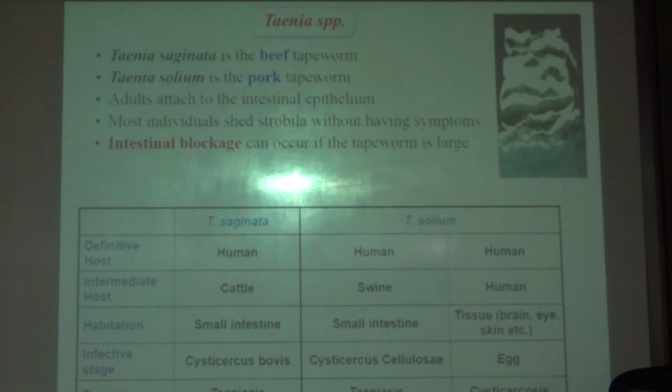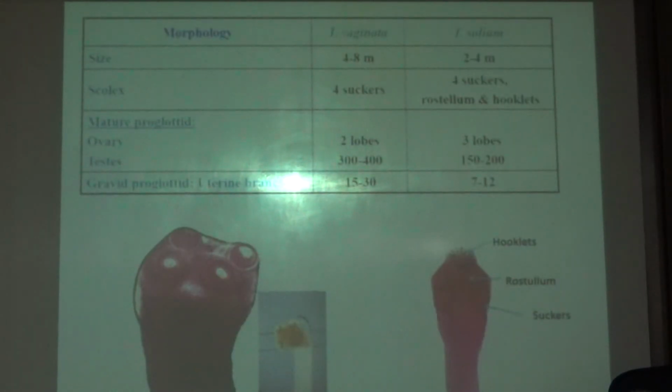Cysticercus bovis means the cyst formed in the muscle of an animal like a cow, and Cysticercus cellulosae is the cyst in pig muscle. And when it is coming from human to human, then the infective stage is the egg, when the human ingests the egg. In the two cases, the disease is teniasis, and in this case cysticercosis, which is a more dangerous condition.